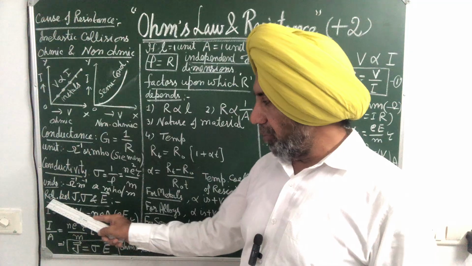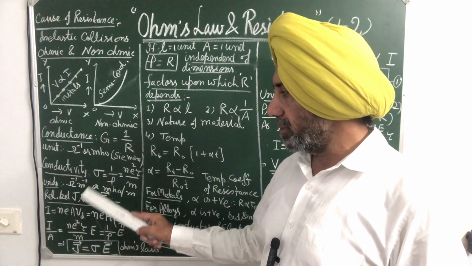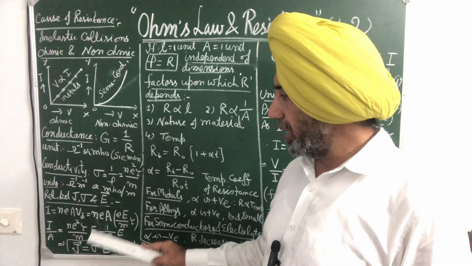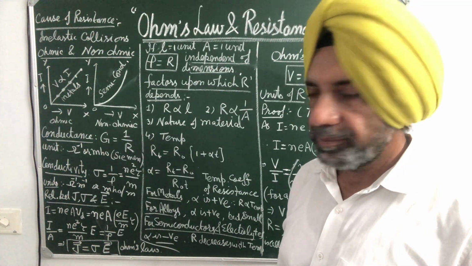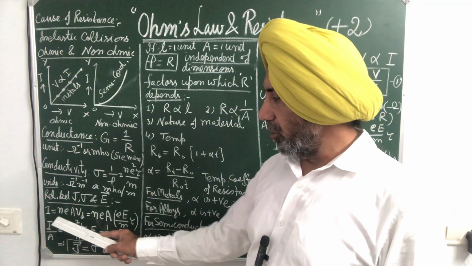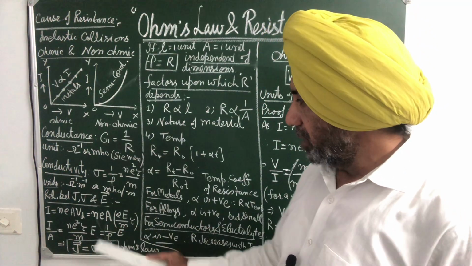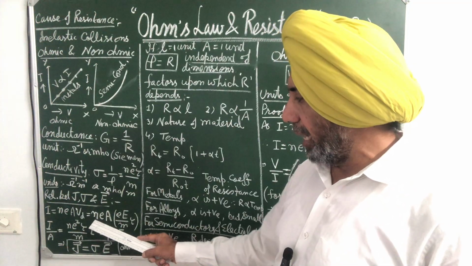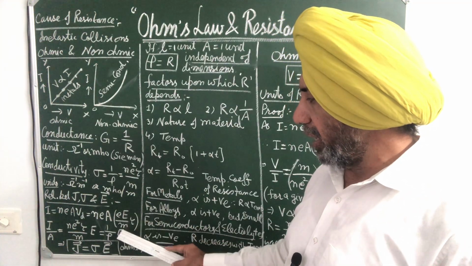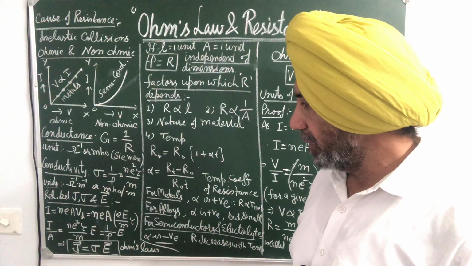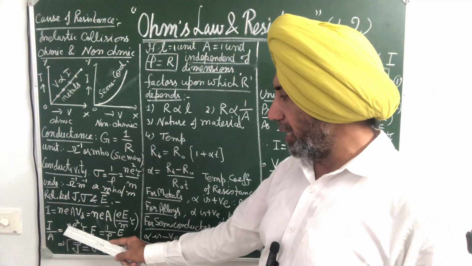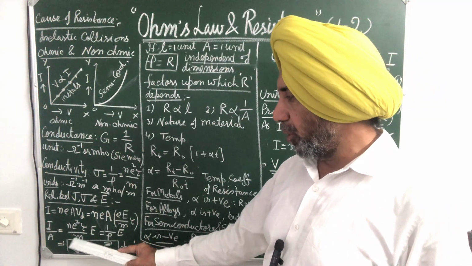Then we can find the relation between J, that is current density, sigma, electrical conductivity, and electric field. Similarly, as I is equal to n e A vd, putting the value of vd in terms of electric field, e E tau by m, simplifying it will be n e square tau upon m.